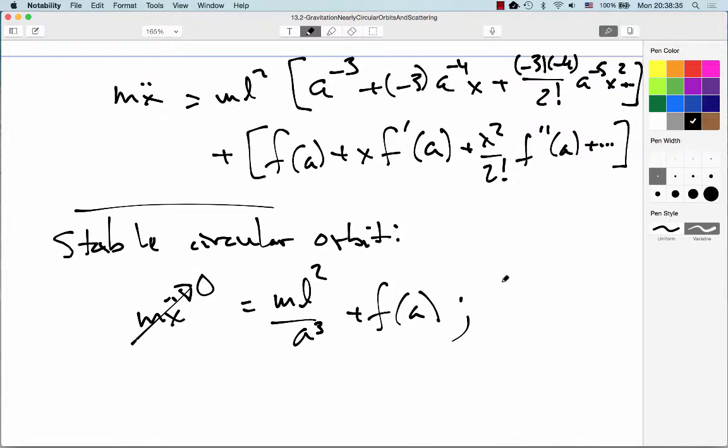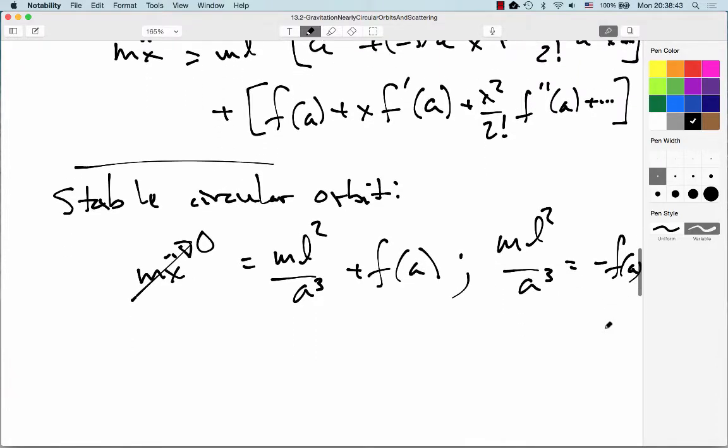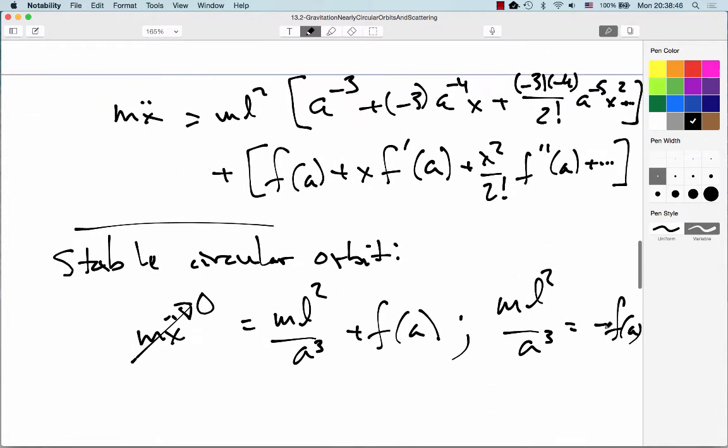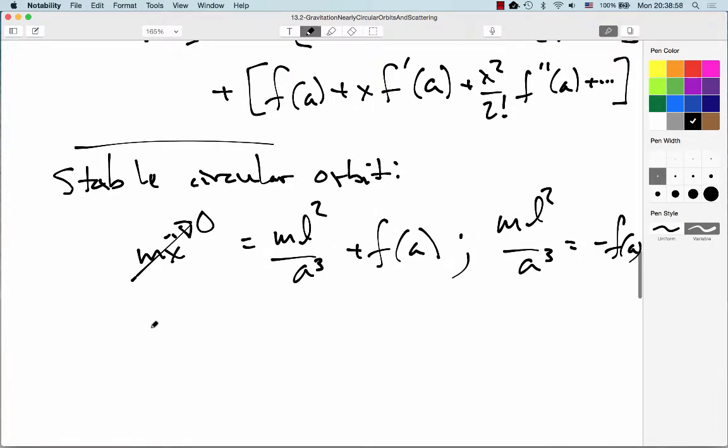So this tells us that m l squared over a cubed is equal to minus F of a. So now going back to our expansion here, where I had this m l squared a to the negative 3, I can put in that that's minus F at a.